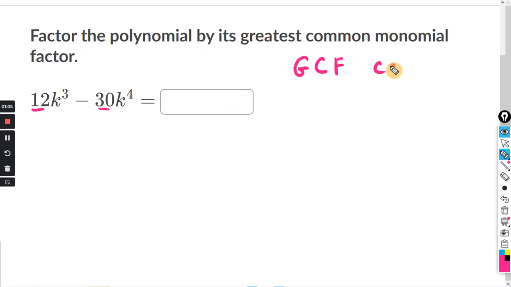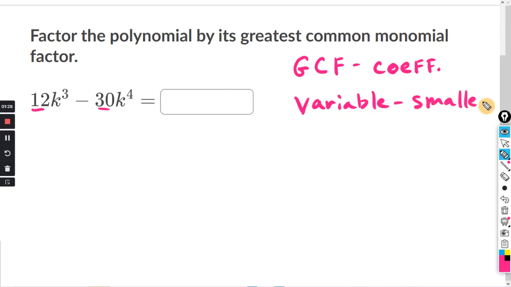So you want to find the greatest common factor for the coefficient, and for the variable or the letter, you want to factor the one with the smallest exponent. So there's basically two steps. For the coefficient, you need the greatest common factor to factor that out. And for the variable, you want to take the one with the smallest exponent.